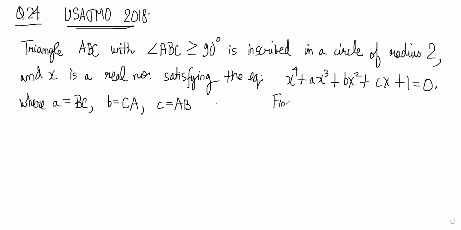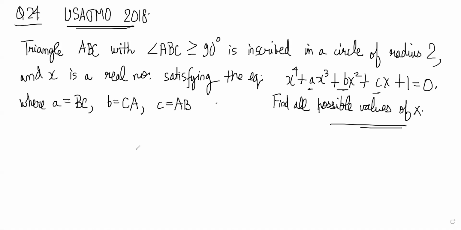We have to find all possible values of x. Basically, you have to solve this equation given the fact that a, b, and c are side lengths of a triangle ABC, which has angle B greater than or equal to 90 degrees. The triangle is inscribed in a circle of radius 2.